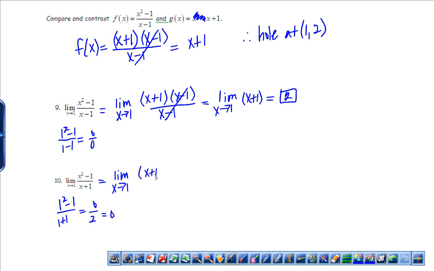So x plus 1, x minus 1 over the x plus 1s. And we're going to figure out what this limit approaches. And this limit is going to approach 0.